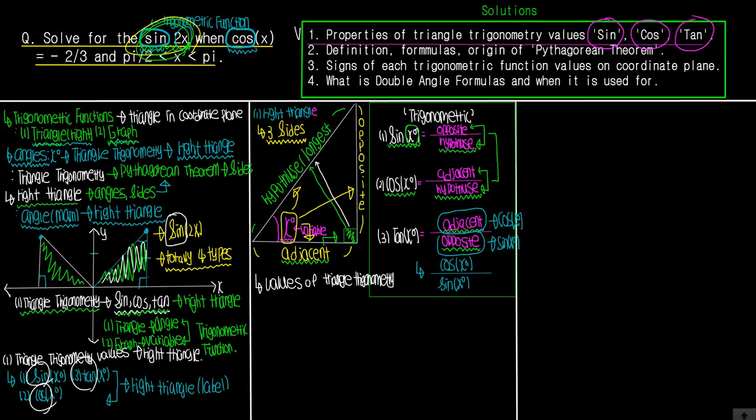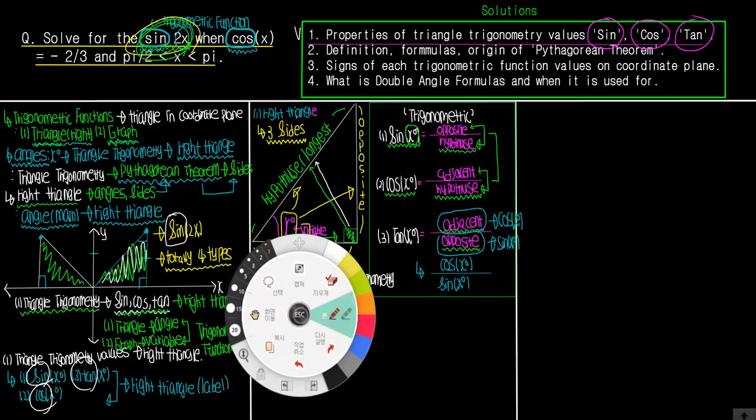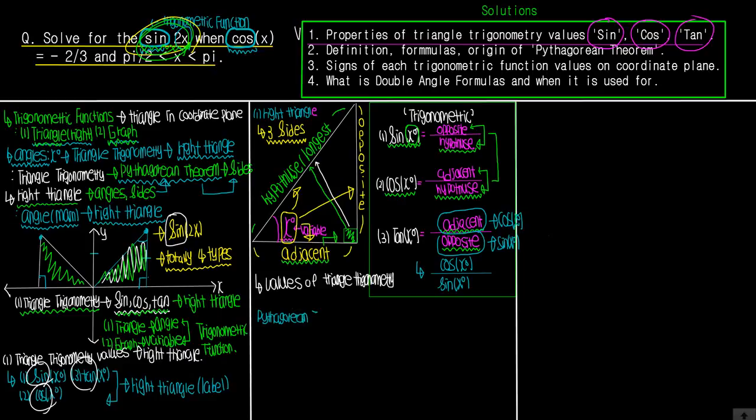People might think that, hey, this originated from our Pythagorean theorem, which means we also need to know how to use the Pythagorean theorem. The only reason why we need the Pythagorean theorem is because we know that this is a right triangle.